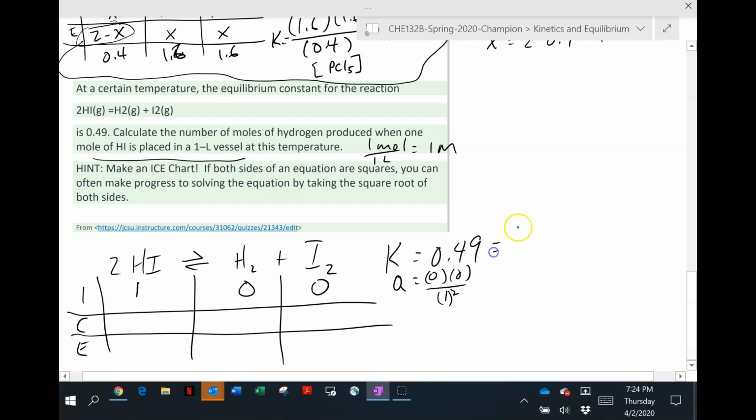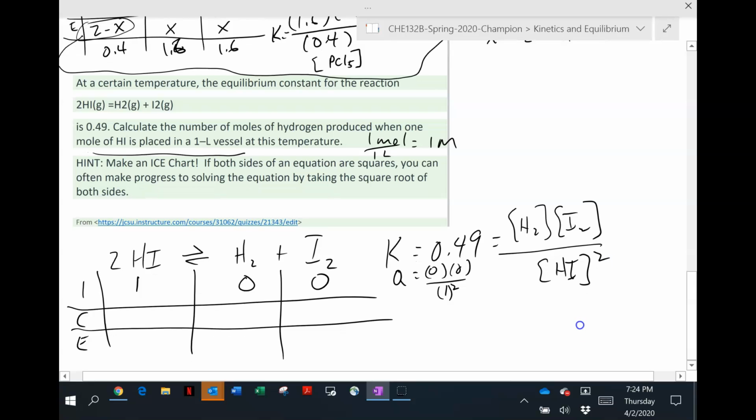Because K is H2 concentration to the first power times I2 concentration to the first power divided by HI squared, right? So that's what I've got in my Q there. So Q is 0, that's less than 0.49, right? That little decision there about what goes here. So that tells us this has got to be plus, this has got to be plus, this has got to be minus.